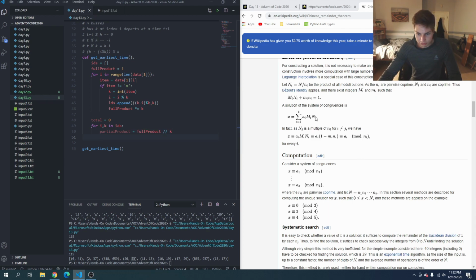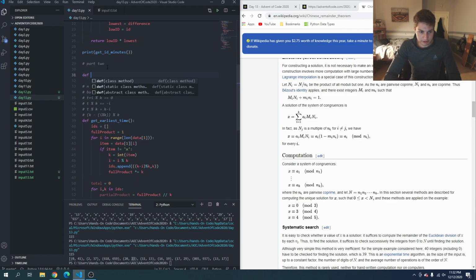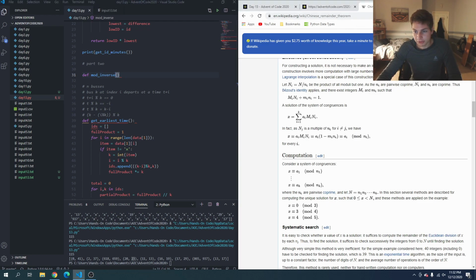Okay, so partial product is n sub I. A sub I is going to be equal to this I value here, and we need a mod inverse. So let's write a function def mod inverse, and I've definitely learned how to do this before, and I do not remember, so we're gonna look it up.